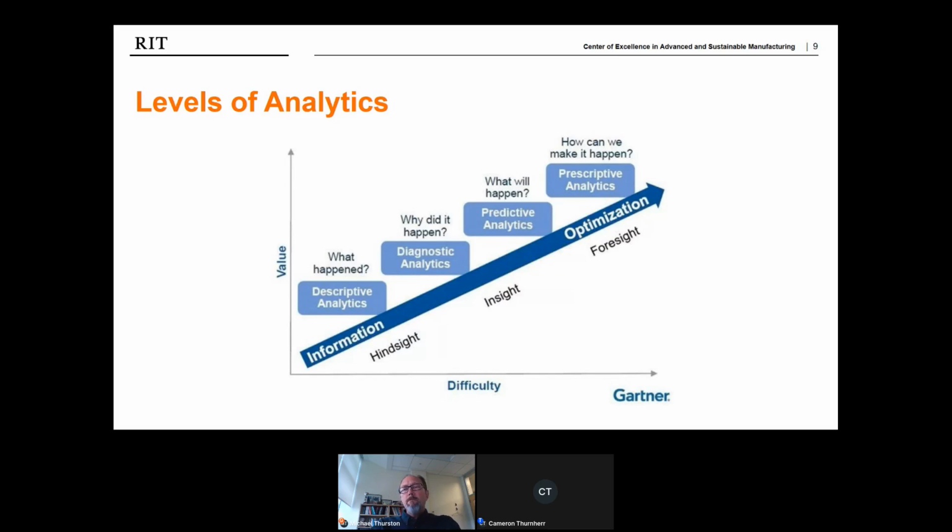So now we're looking at the situation and projecting what will happen if I continue to run that material.